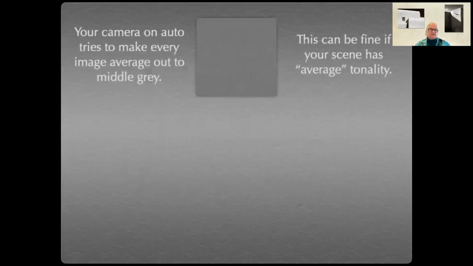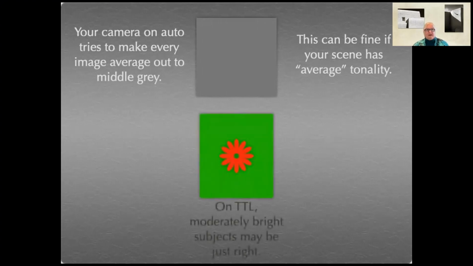Here's why I don't. With or without flash, your camera's light meter tries to make your frame average out to middle gray. And that's fine for average scenes. A lot of landscapes, that works very well. But any scene that has large areas of brightness or darkness is going to fool your light meter, and it's still going to try to make them middle gray. So if you have an average scene, then maybe it's going to come out great.